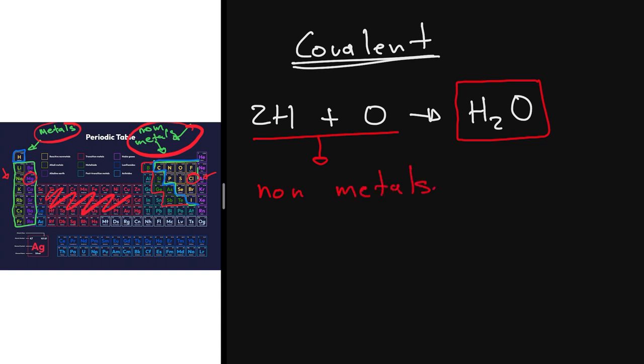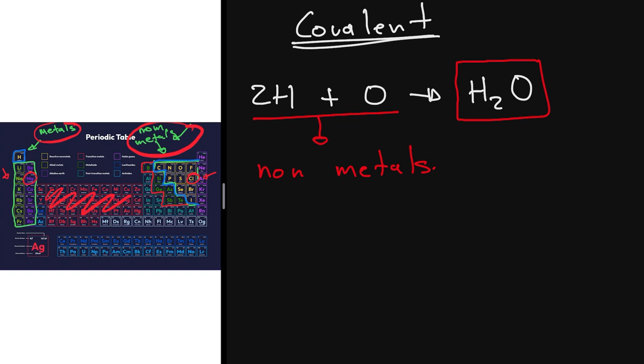So now, how do we actually name a covalent compound? Remember, covalent and molecular compounds are the same thing. To name this type of compound, we need to know what we call prefixes. For example, if we have 2 hydrogens or 1 oxygen, we need to know how to actually name that.